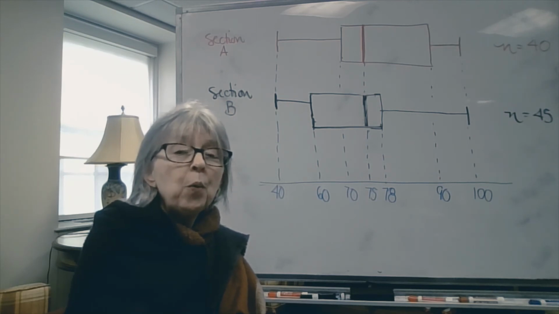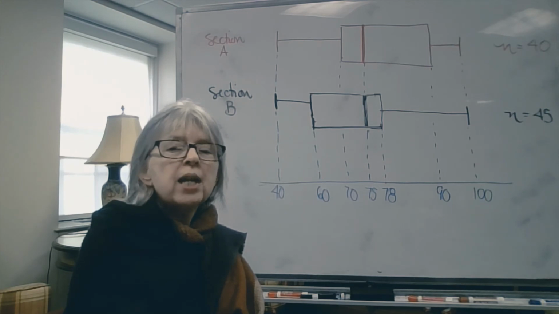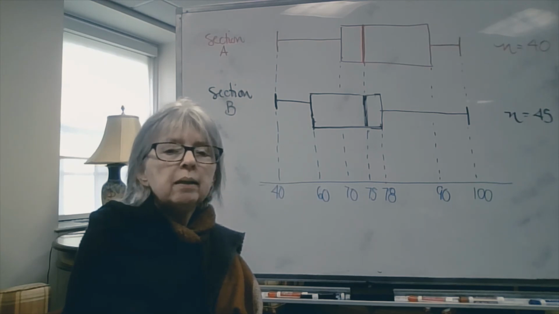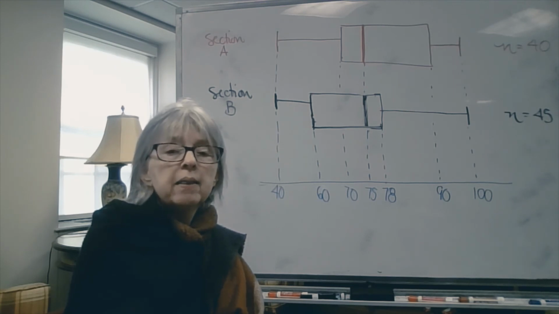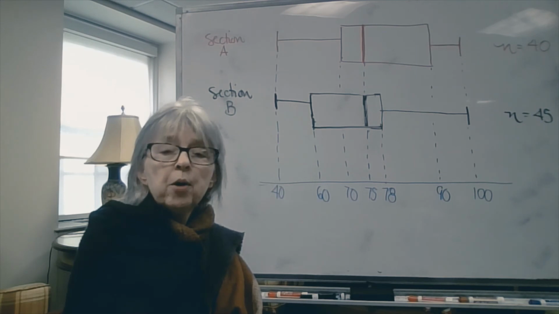In this example, one more time, Section A and Section B had someone make a 40 on this exam. Section A and Section B had someone make 100 on this exam. The median for both classes was 75.